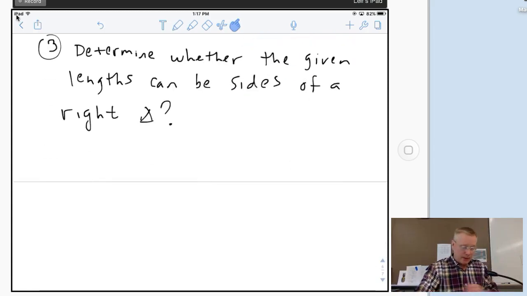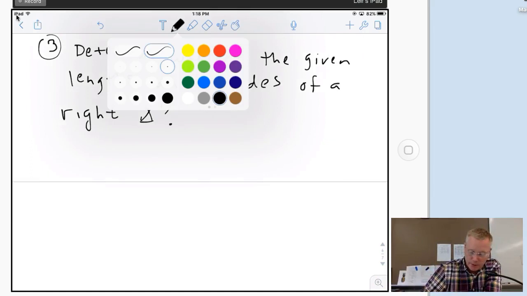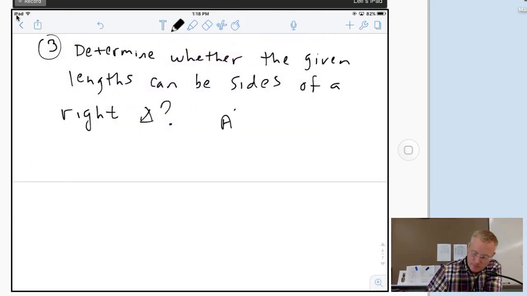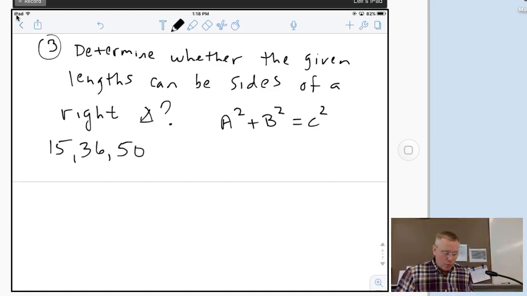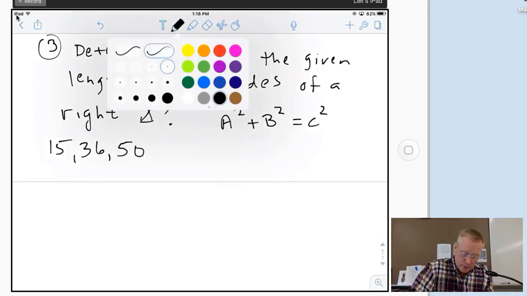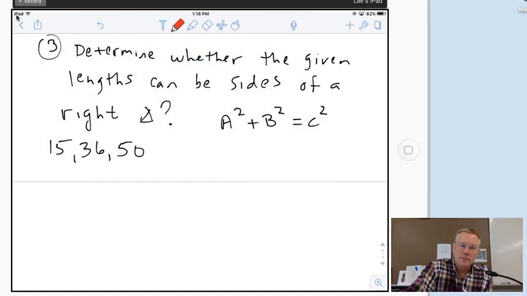Okay, so like I told you before, the Pythagorean theorem is only for right triangles. And the three sides of this triangle were 15, 36, and 50. Which means if I take those three numbers and I plug them into the Pythagorean theorem and it turns out to be true, then it can be a right triangle. If I plug it in and what I get is not true, it's not a right triangle, okay?